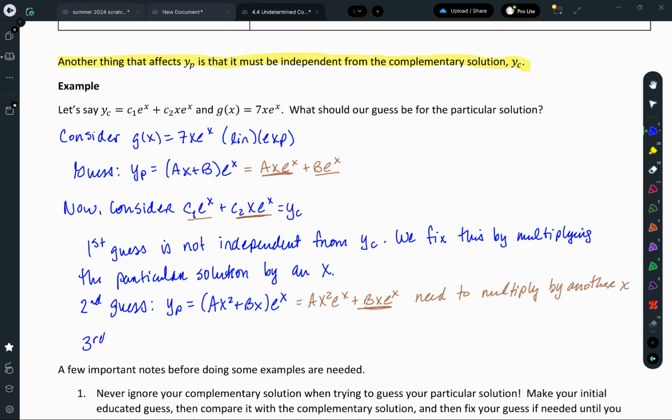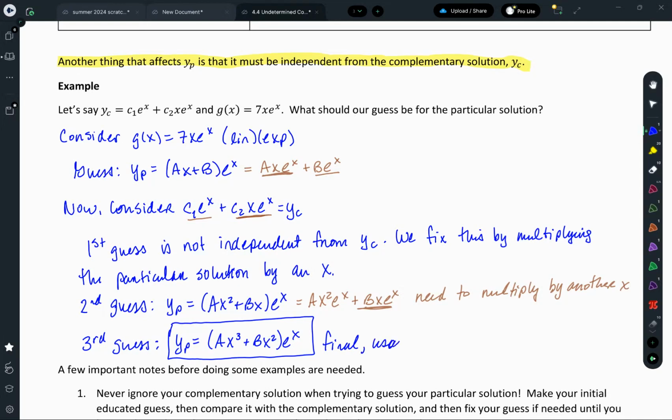So my third guess, and this one will be the correct one, is y sub p is ax cubed plus bx squared times e to the x. And now I can imagine distributing the e to the x, and I will see nothing that looks like the complementary solution. And so this is good. This would be my final guess. I should say my final usable guess.